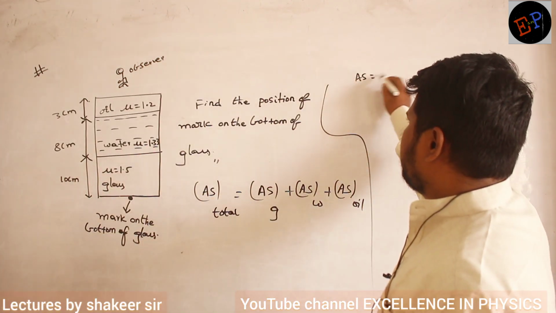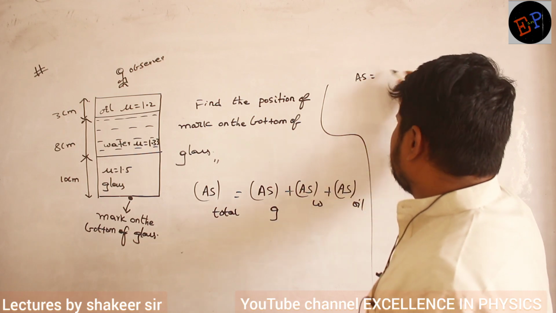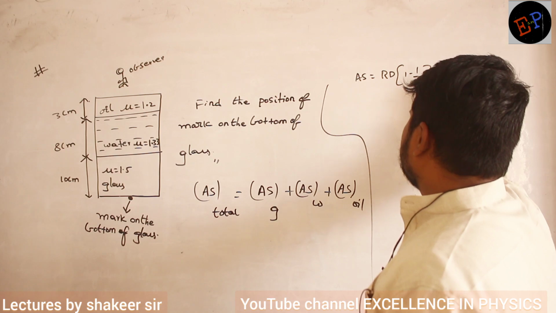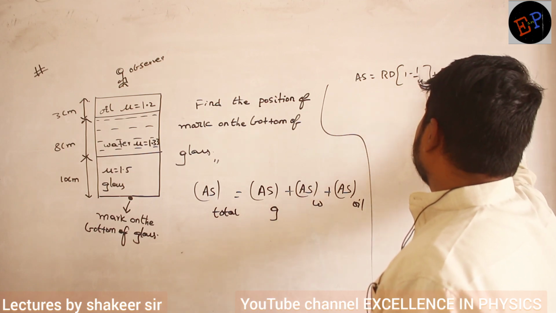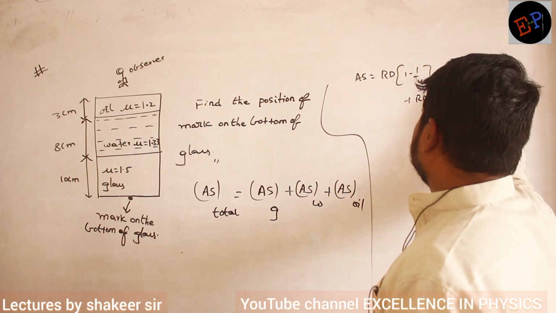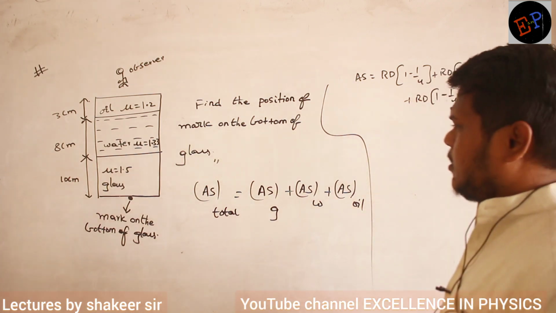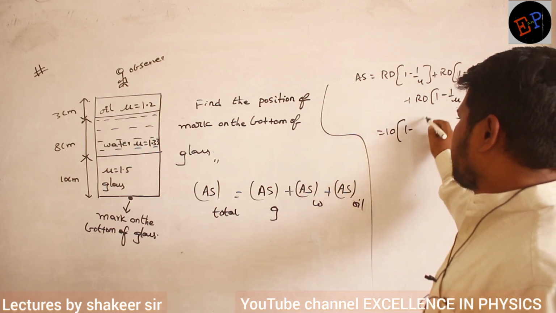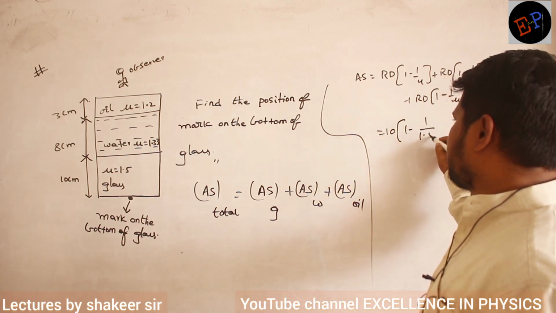So the total apparent shift is RD into (1 minus 1 by mu) plus RD into (1 minus 1 by mu) plus RD into (1 minus 1 by mu). Are you able to understand? Real depth means the thickness of the glass, which is 10, times 1 minus 1 by its refractive index, 1.25.